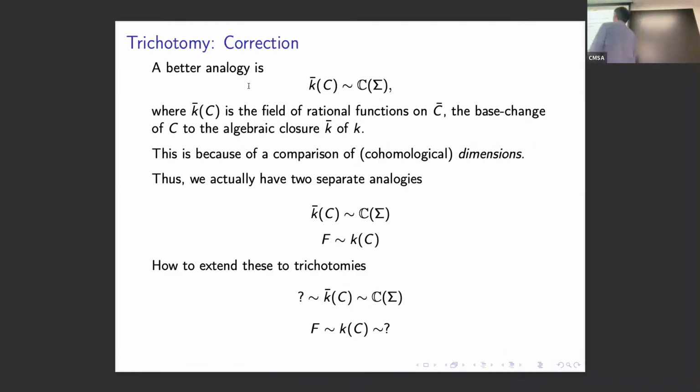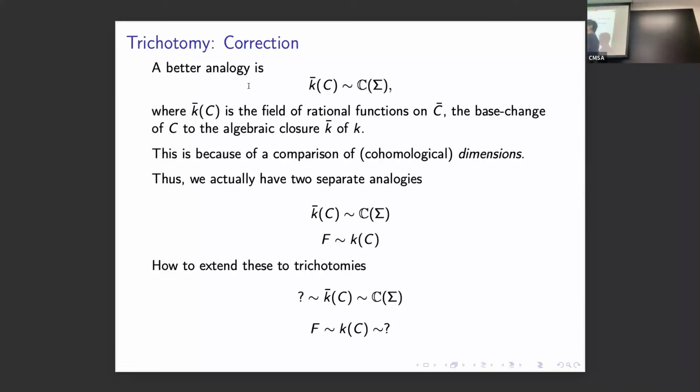But then we actually have two separate analogies: one between the field of algebraic functions on C bar and the meromorphic functions on the Riemann surface on the one hand, and the other, an analogy between number fields. So you could ask, can we fix the dichotomy by sticking other things in, one here and one here?